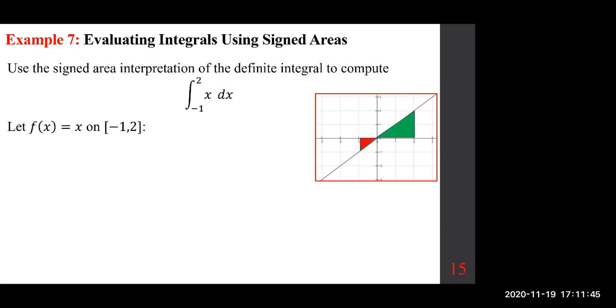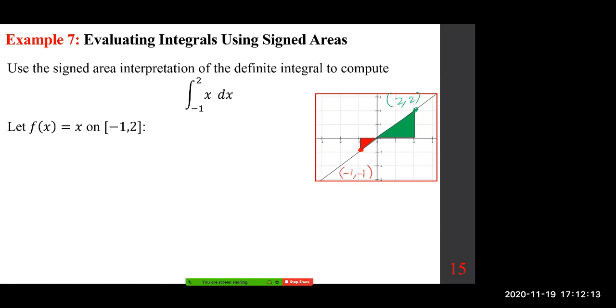So what I want you to notice, let me use the proper coloring here. This one has coordinates -1, -1, and this one has coordinates 2.